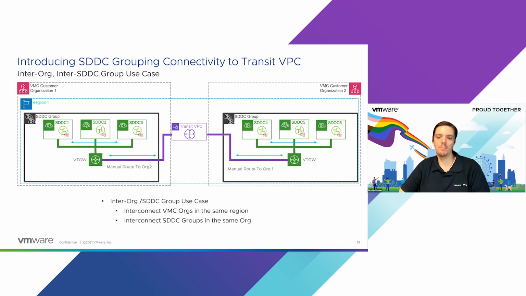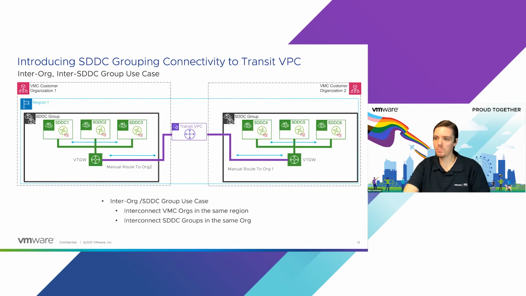Obviously, this is in the same region and they need to be in the same org, but you can then interconnect your existing SDDCs. And as you can see here, there's also the concept of the VMware Transit Connect Gateway, or VMware Transit Connect, we call it. This comes with extra cost, but you can interconnect plenty of SDDCs and have a larger design into the future.